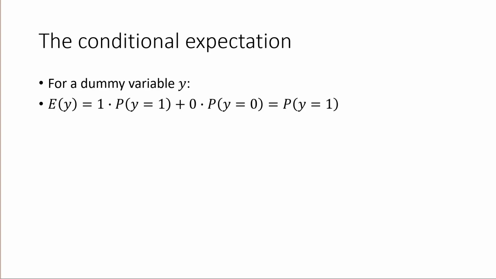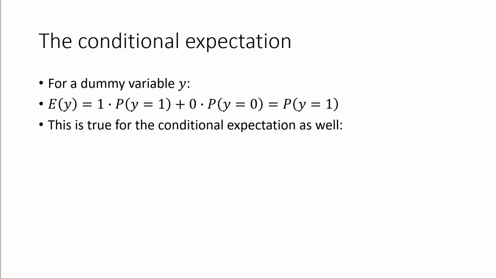That's of key importance to these models. This result for unconditional expectations will apply to the conditional expectation as well. So if I look at the expected value of y given x, that will also be equal to the probability that y is equal to 1 given x.